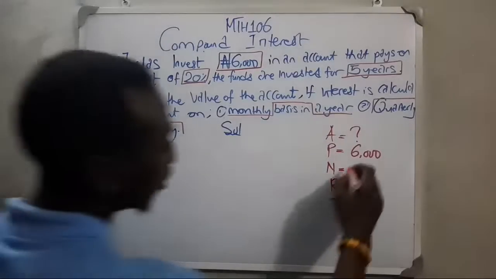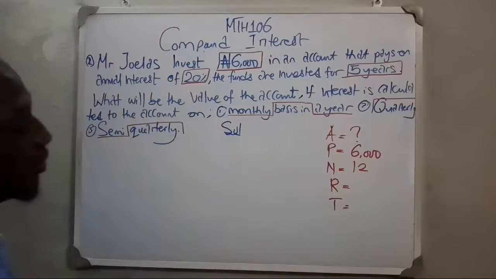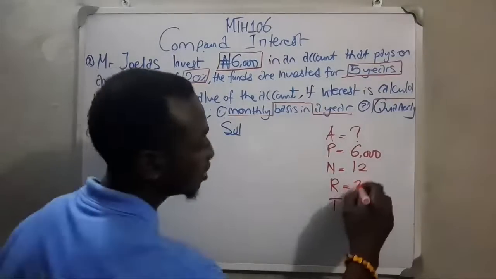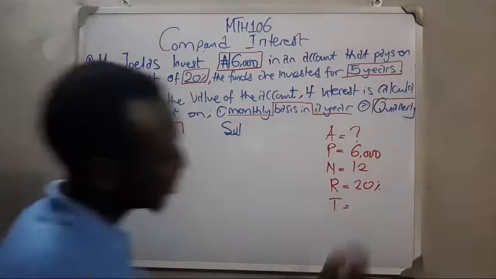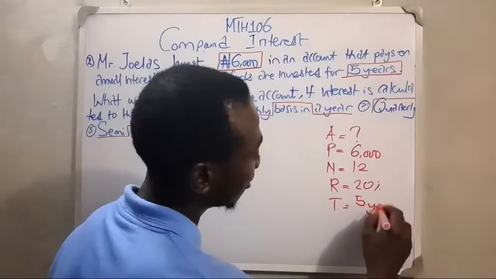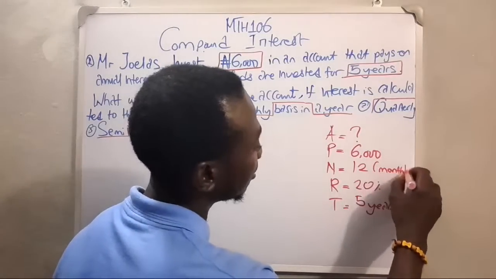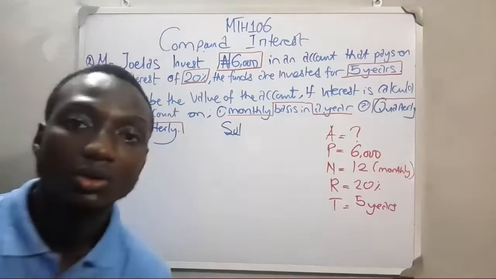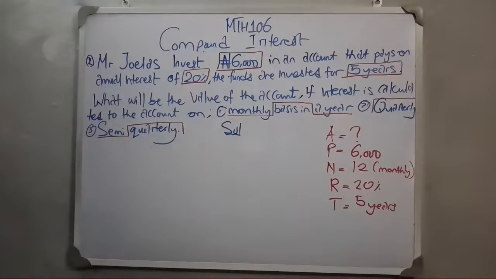We have 12, on a monthly basis. And we have our R at 20%, and we have our T as 5 years. Okay, awesome. Thank you for that, Miss Blessing.